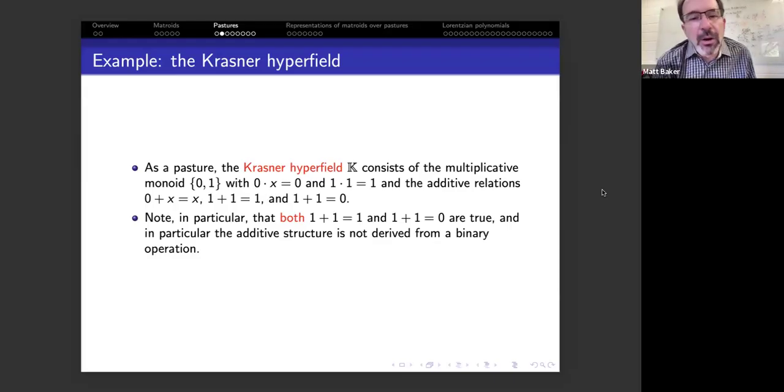If you think of 0 as a formal symbol meaning 0, and 1 as a formal symbol meaning non-zero, then this equation says that it's possible for two non-zero things to add up to something non-zero, and it's also possible for two non-zero things to add up to something that is 0. Those are both possibilities that are valid, and that's what this is encoding.